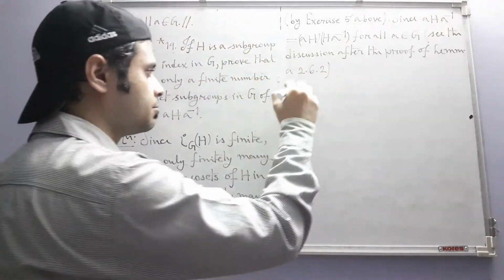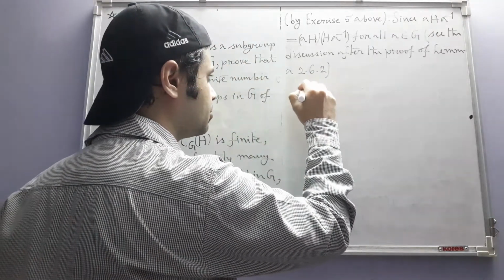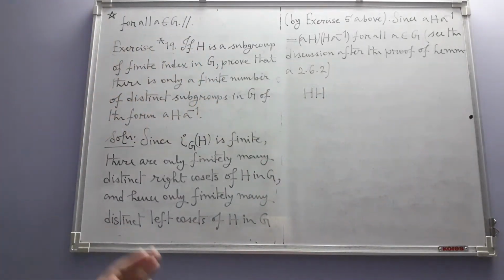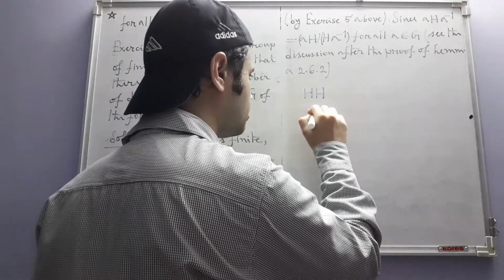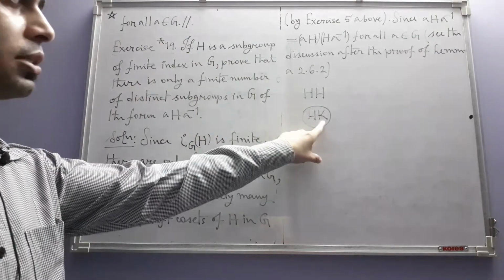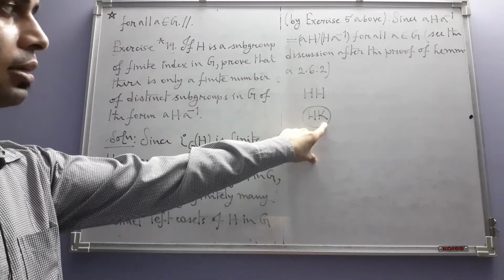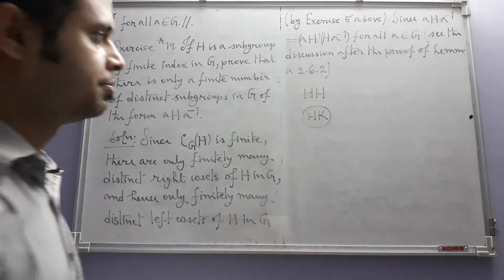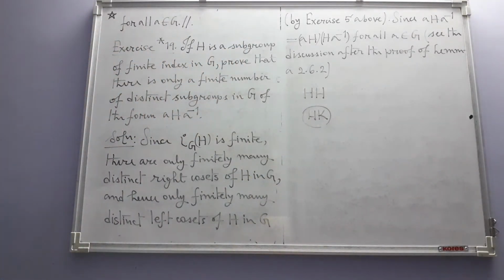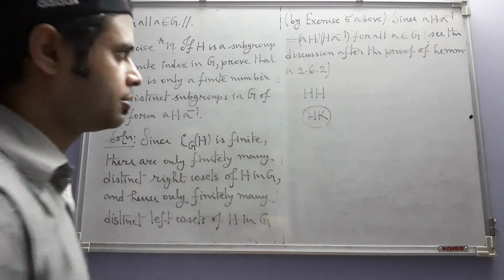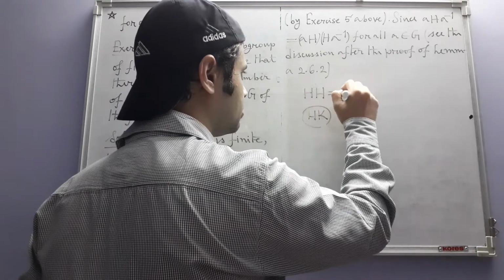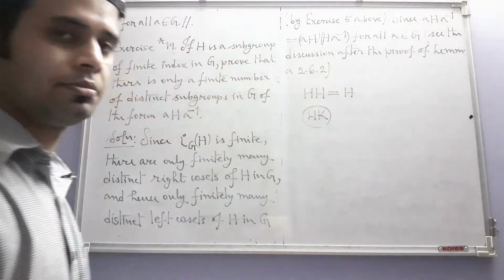There you will see that if you take a subgroup and form the product HH, we have already seen what it means to take a product of two subgroups. In fact, we have also shown that this itself is a subgroup if and only if HK is equal to KH. So in that sense, if you form this product HH, that will be nothing but H.